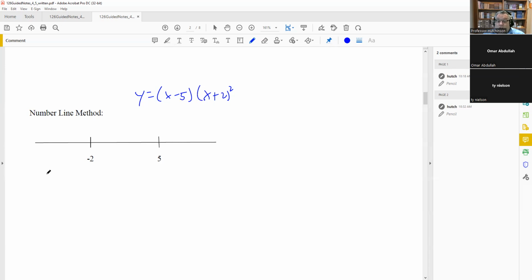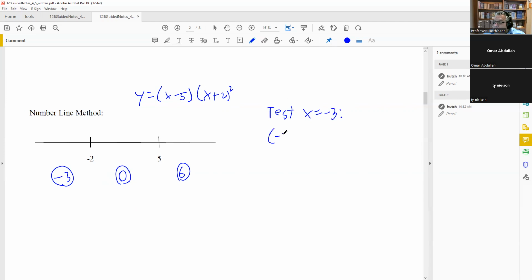Now we're still going to use test points. So I'm still going to test -3, 0, and 6. But the difference here is we're going to plug these into the original equation. So I'm going to write this out here. Let's test x equals -3.